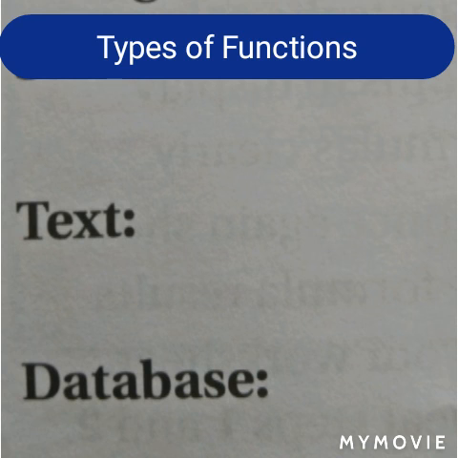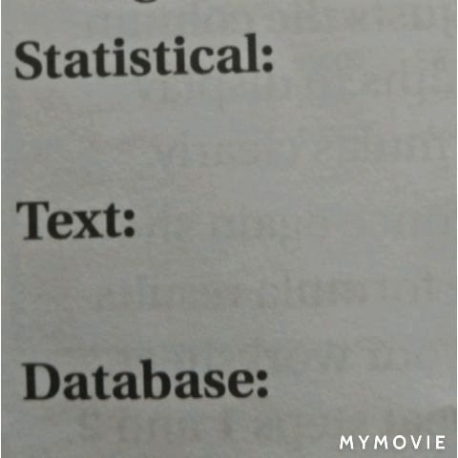The text function is used to search and replace data and other text tasks. The database function is used to count, add, and filter database items if we are using Excel as a database program. I'm sure you can understand today's topic.